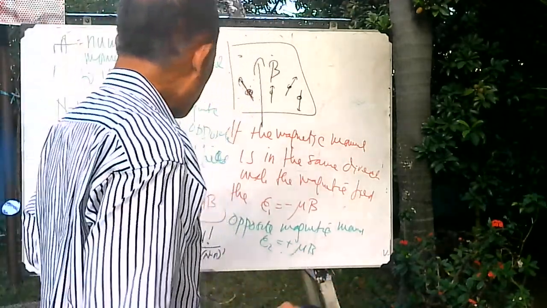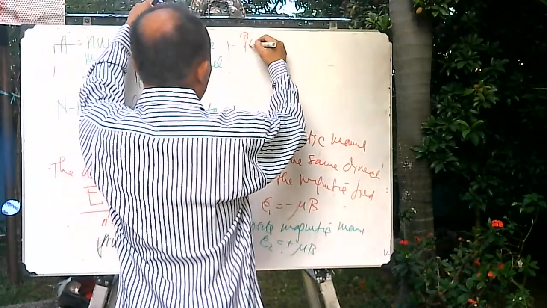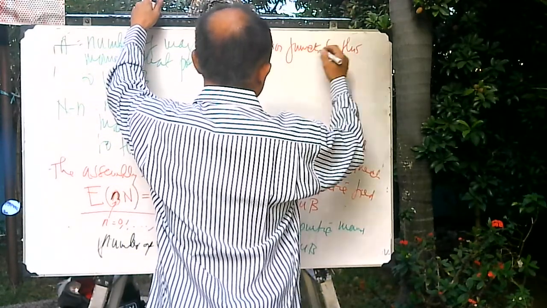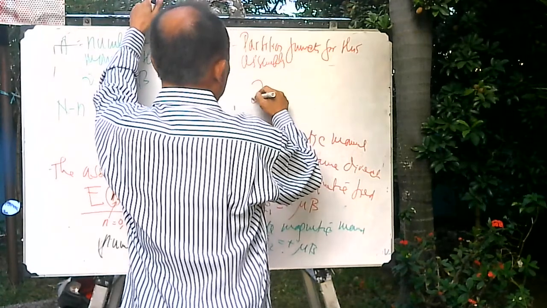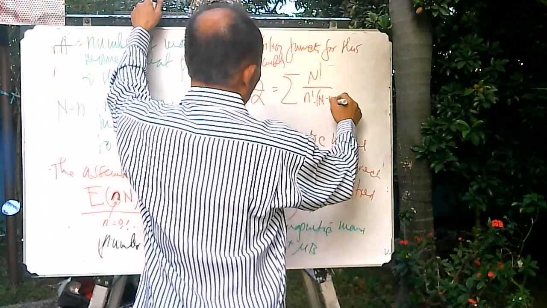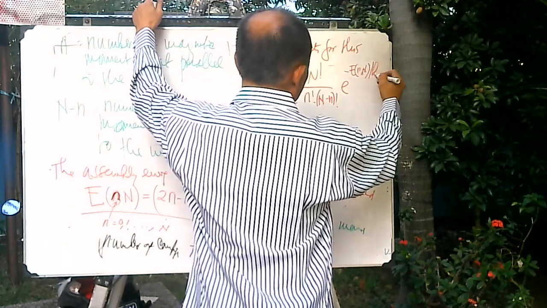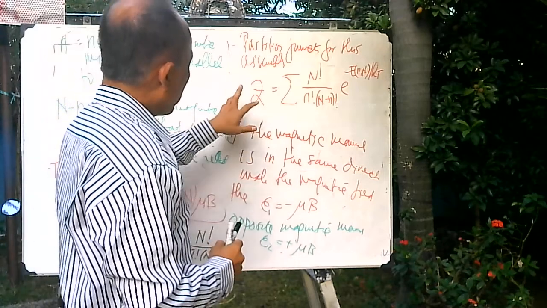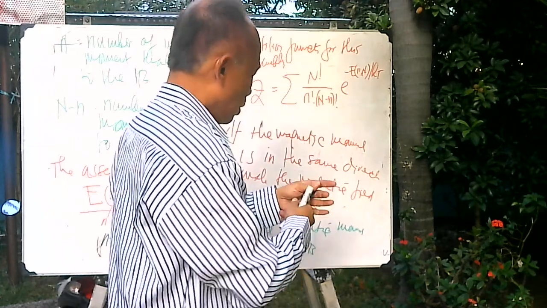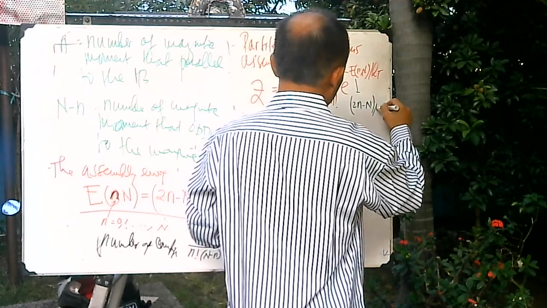So the partition function for this assembly becomes Z equals the summation over small n of N! divided by n!(N minus n)!, times exponent minus epsilon(n, N) over kT, where the energy is (2n minus N) mu B.